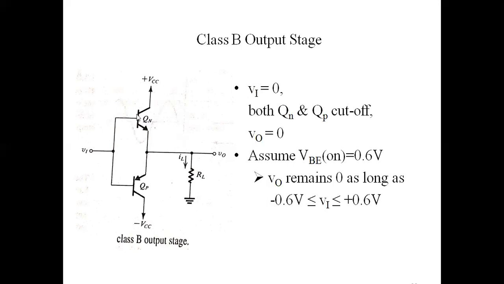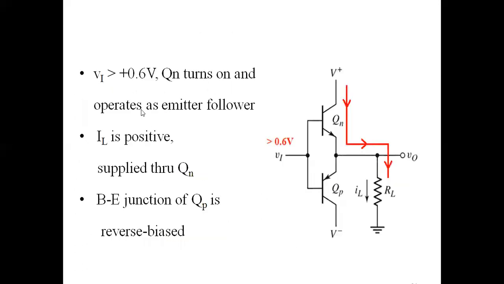Qn supplies the load current, and meanwhile the emitter base junction of Qp will be reverse biased by the VBE of Qn, which is approximately 0.7, and thus Qp will be in cutoff state.